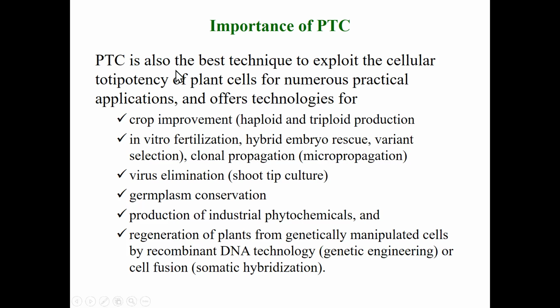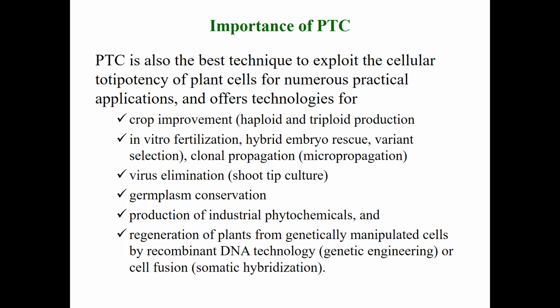So plant tissue culture is also the best technique to exploit the cellular totipotency of plant cells for numerous practical applications, and often offers also generic technologies for crop improvement. For crop improvement, for example, haploid culture, you can culture the anther or pollen of a plant, and you can get the haploid plant.